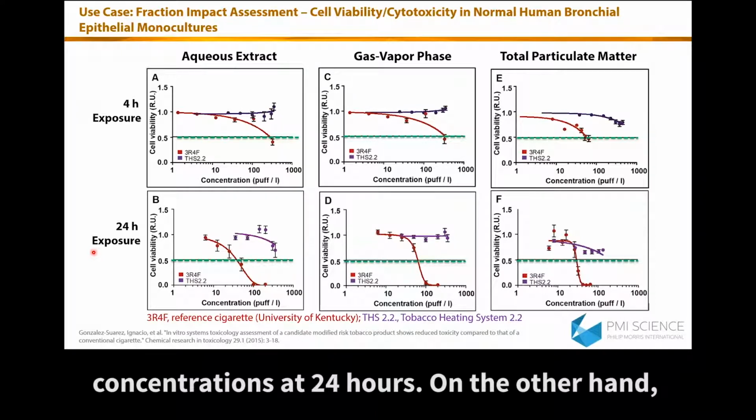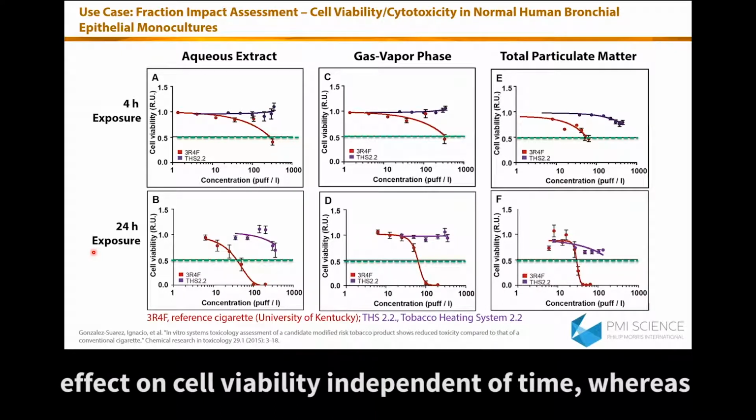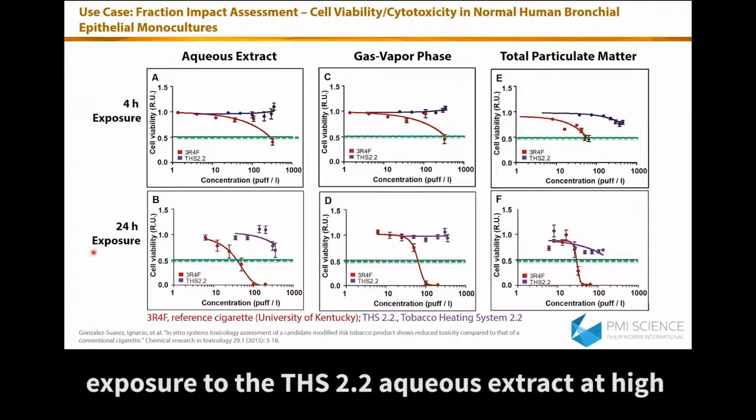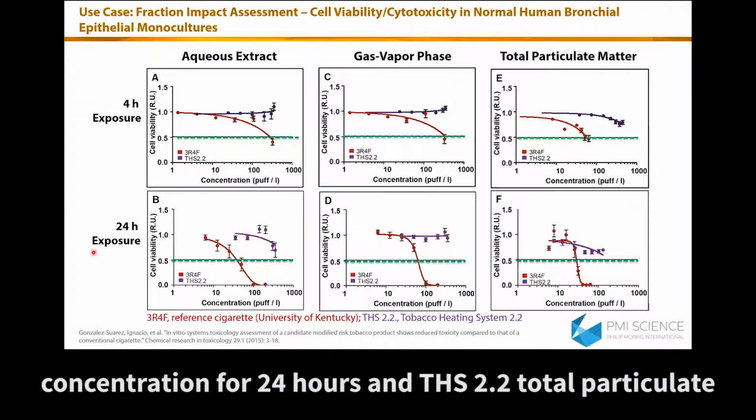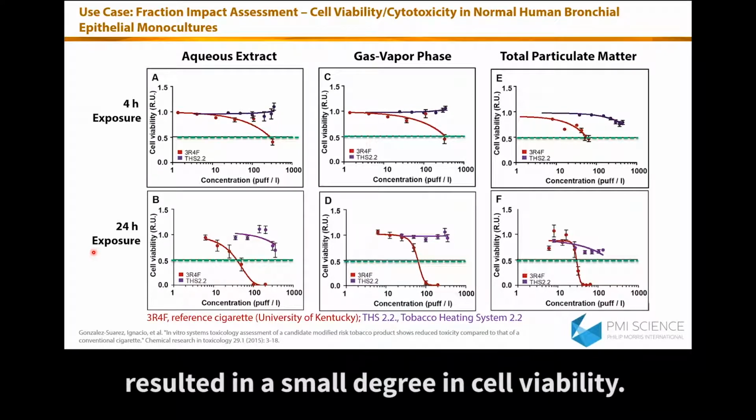On the other hand, THS 2.2 gas vapor phase did not have any effect on cell viability independent of time, whereas exposure to THS 2.2 aqueous extract at high concentration for 24 hours and THS 2.2 total particulate matter at high concentrations for both 4 and 24 hours resulted in a small decrease in cell viability.